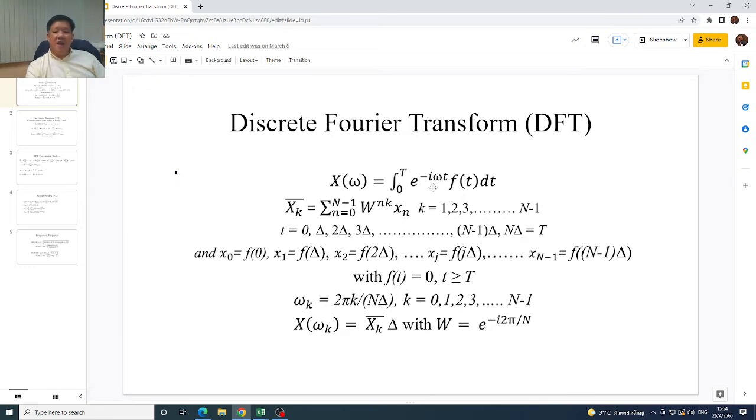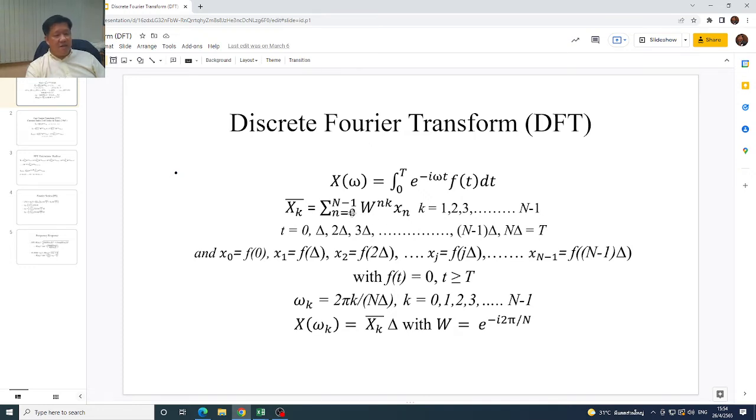Since f of t cannot be defined analytically, as a well-defined function, you only get a discretized function. Therefore, to find X omega here, you need to find X bar k, which requires computation of this summation.